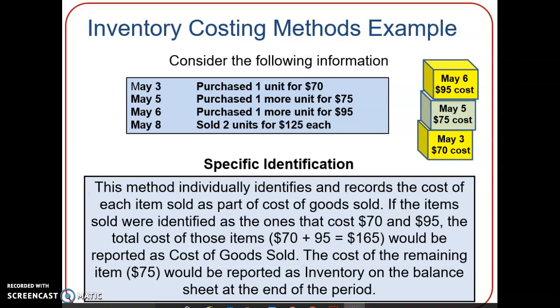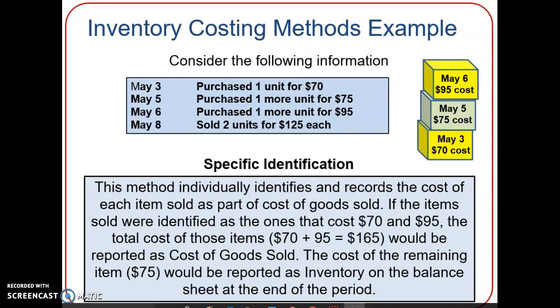Because among the 3, let's say they're cubes or boxes, and you put the oldest inventory at the bottom and then stack them up. If you know that the 2 that you sold on the maze are the first one and the third one, in the yellow color, then you know the COGS is 70 plus 95. You also know, alternatively, your ending inventory is $75.